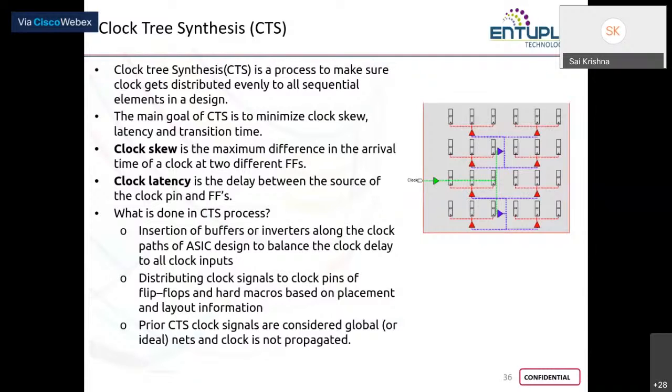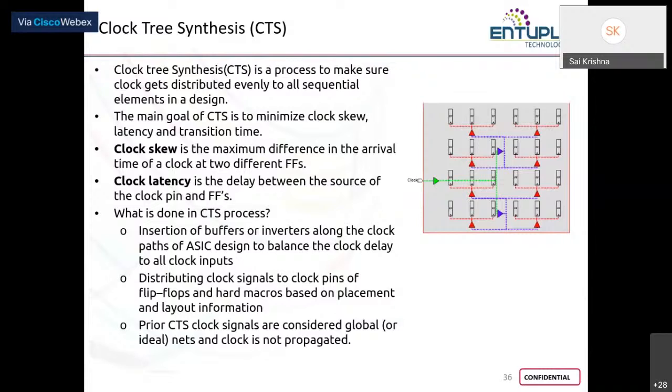But what if, because of this early switching, your data from flip-flop 1 reaches flip-flop 2 even before your clock reaches flip-flop 2? It just results in loss of data.